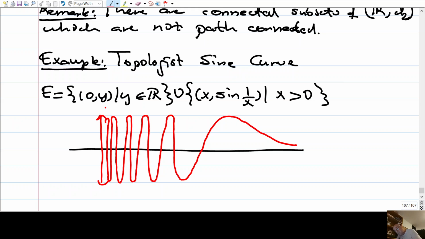And E is this red subset, the y-axis plus this sine curve. Maybe I'll use a different color for this.